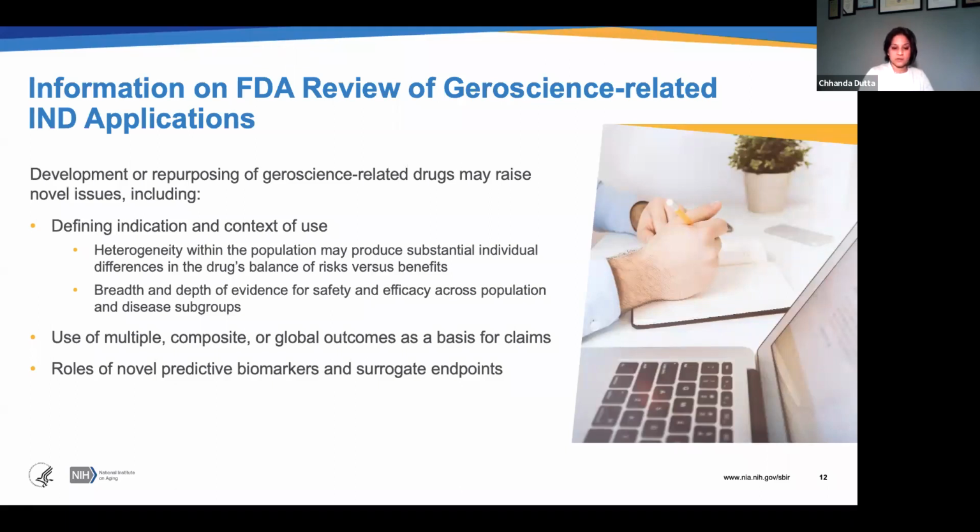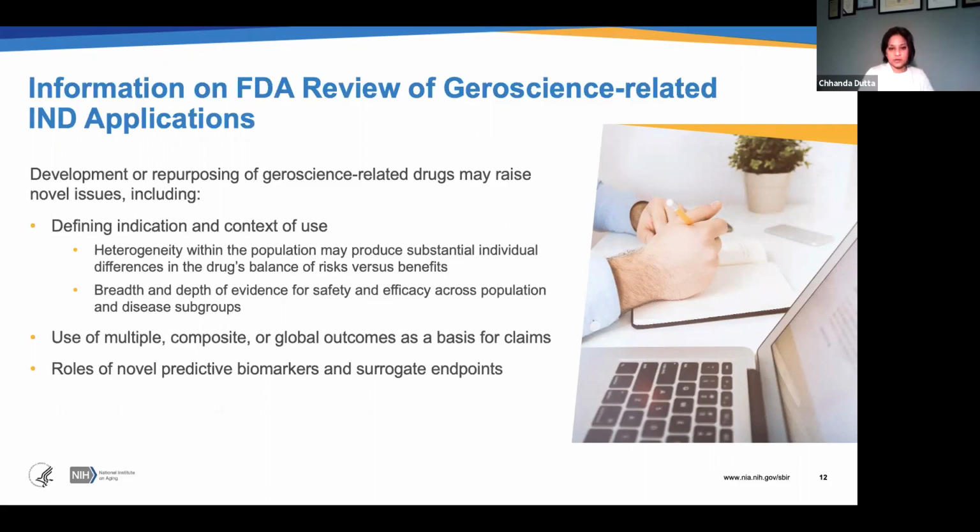And for example, as Rebecca mentioned, the geroscience-based drugs have the potential to favorably affect multiple outcomes. And as such, we think that they have hope for promoting healthy aging. And because of that, you would anticipate that there would be widespread use of these kinds of drugs. So that raises challenges, especially in terms of defining the indication and the context of use.